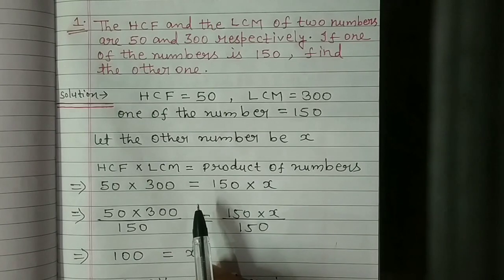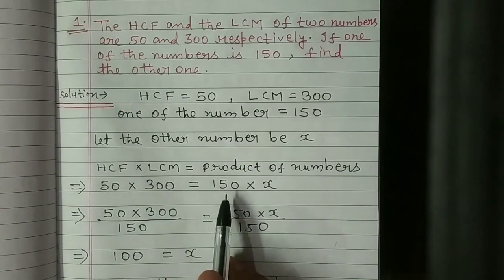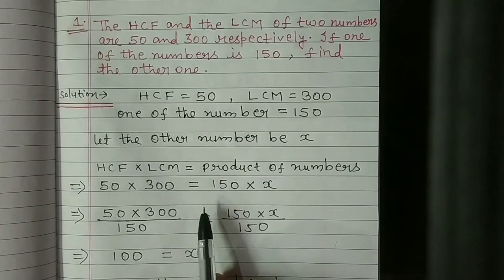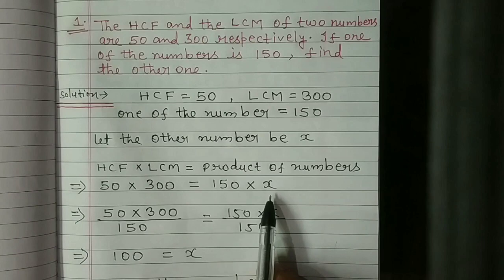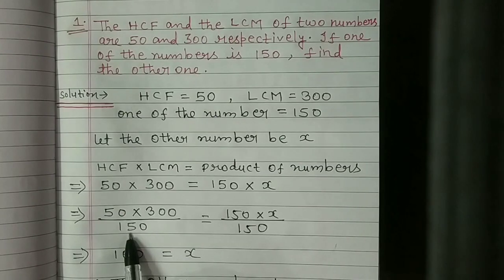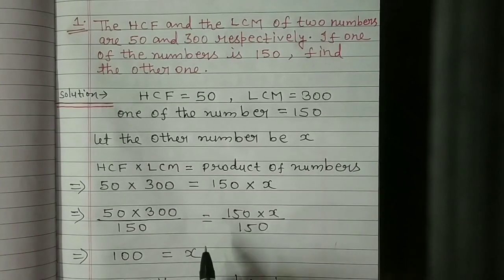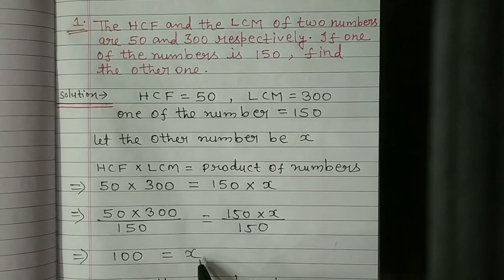Now we are going to divide by 150 on both sides, to remove this number 150. If we divide by 150 on both sides, then we will get only x on the right hand side. So I have divided here by 150 and here also by 150. This 150 and this 150 will be cancelled, and here we will get only x.